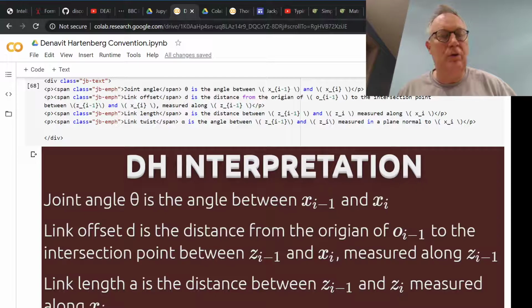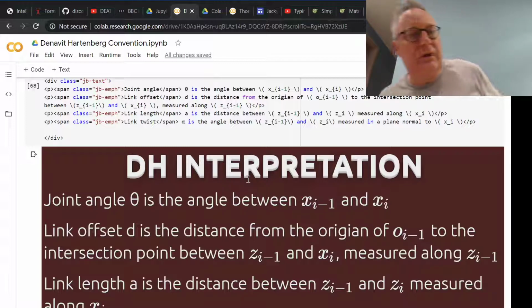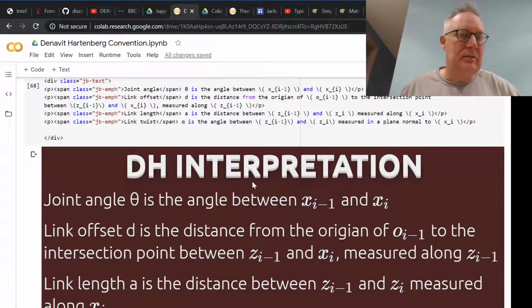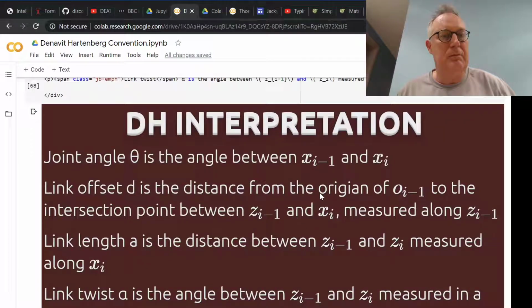Now for humanoid robots, I sometimes break the Hartenberg conventions, as we'll see when we go through the example of the Thormang kinematics. Sometimes you can cheat a little bit and get the coordinate systems in slightly nicer positions by not following the convention.